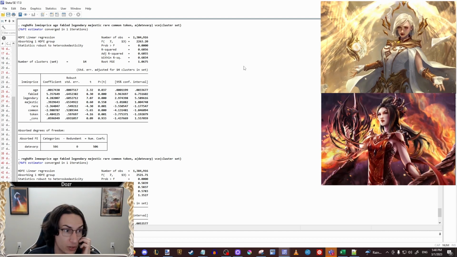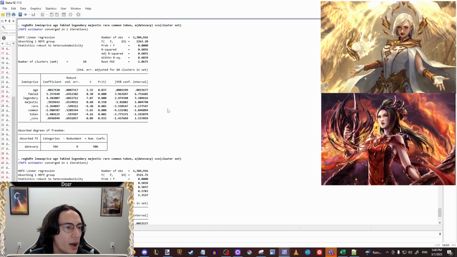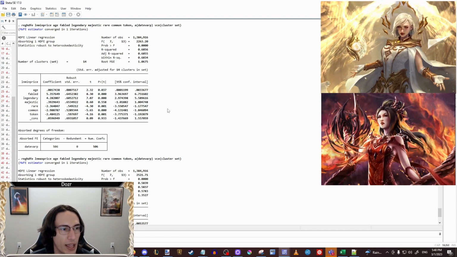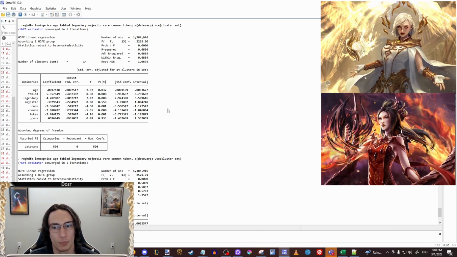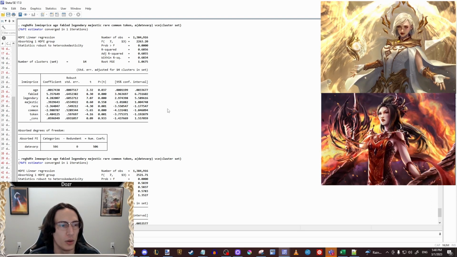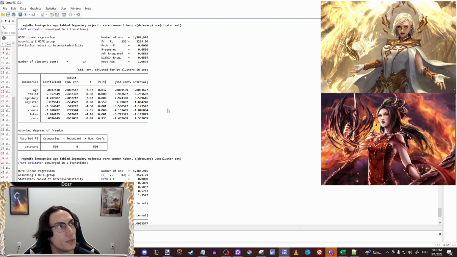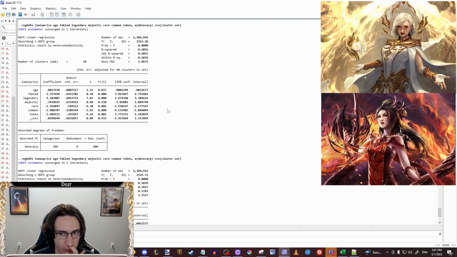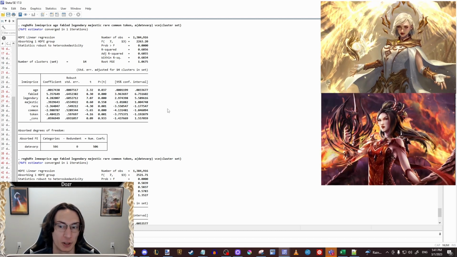And so what we can see in the table here is that as age goes up by about 1%, you're going to expect about a 10 basis point increase in the value of your card, aka a tenth of a percent, which isn't a ton. But when you think about the fact that cards get really old really quick as far as days, because this is measured in days effectively, every day that your card gets older, it goes up a little bit in value, which makes sense.